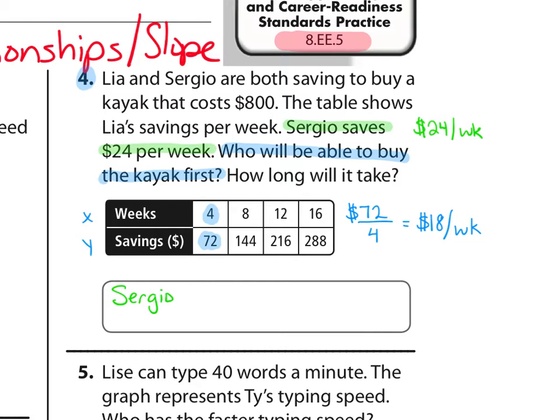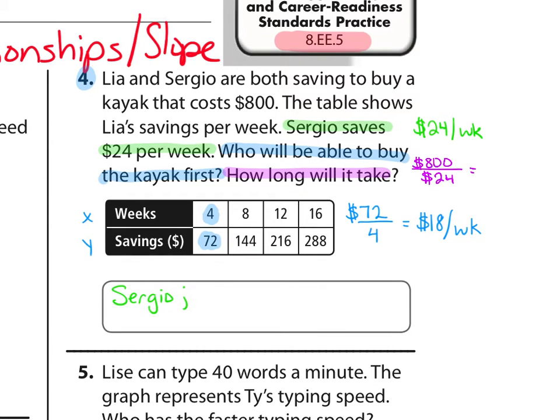He'll have $800 faster. Now, how long will it take? Let's calculate this. We know that we are dealing with $800 divided by $24 per week, and that'll tell us how many weeks it takes.